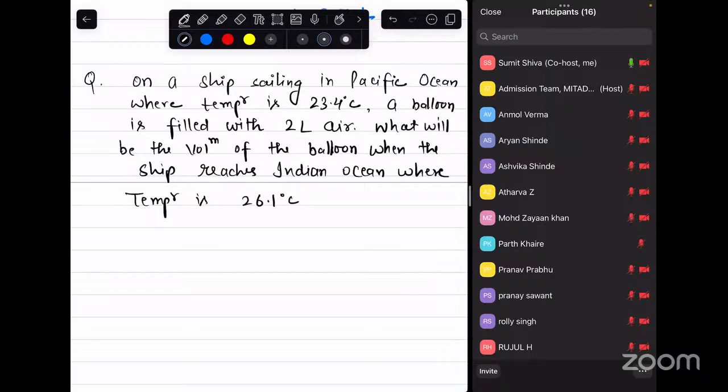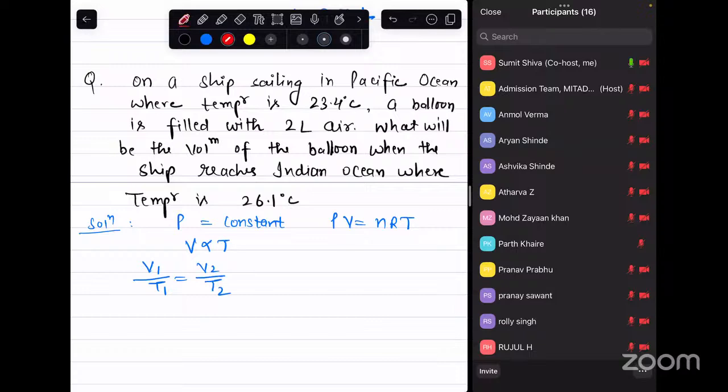In this case, we want to know the volume of the air which can be filled in a balloon. And in this case, pressure will be normal atmospheric pressure at sea level. So P is constant. If you are using PV equals nRT and P is constant, you will have V directly proportional to T. That is Charles law, which is V1 by T1 is equal to V2 by T2.